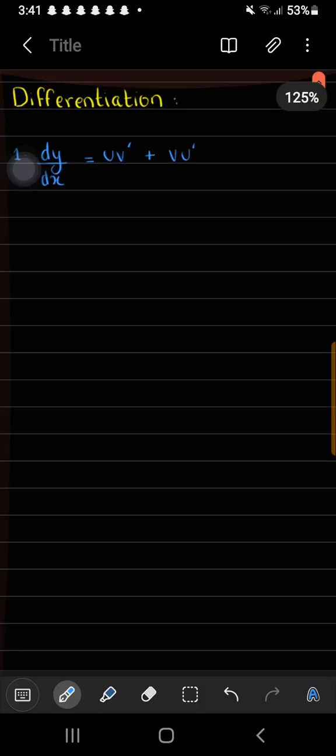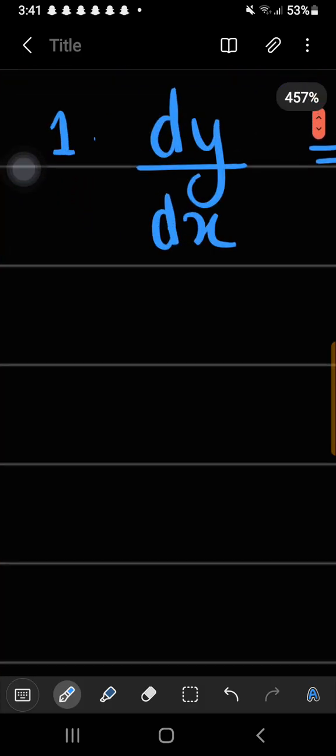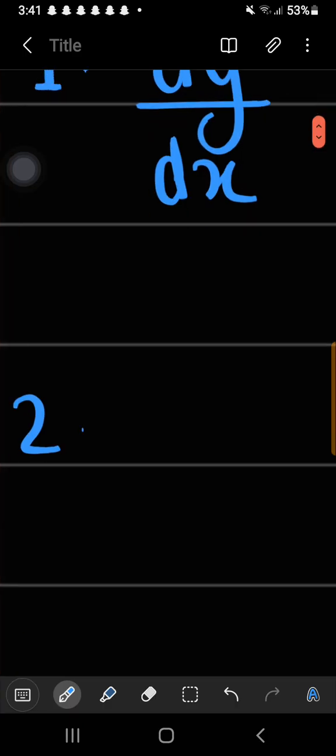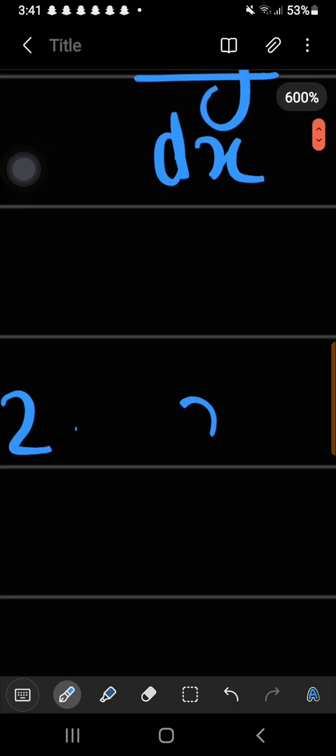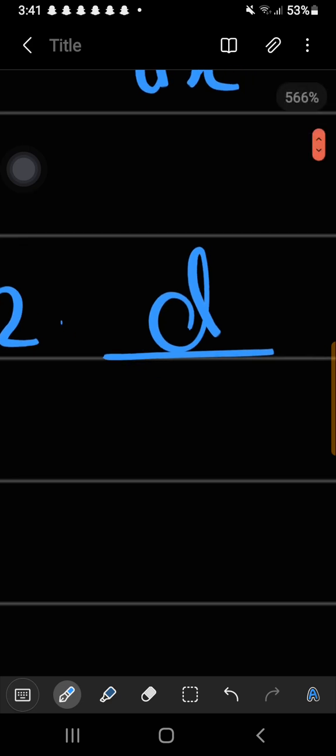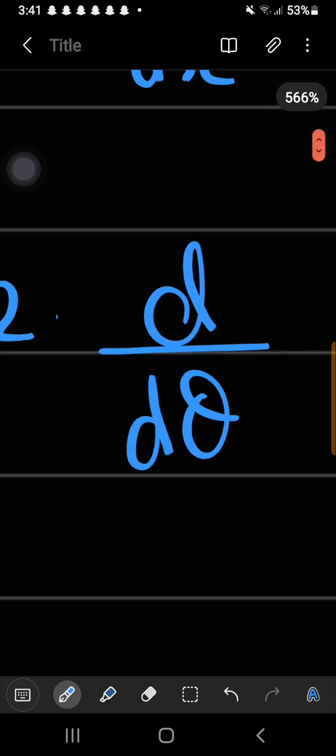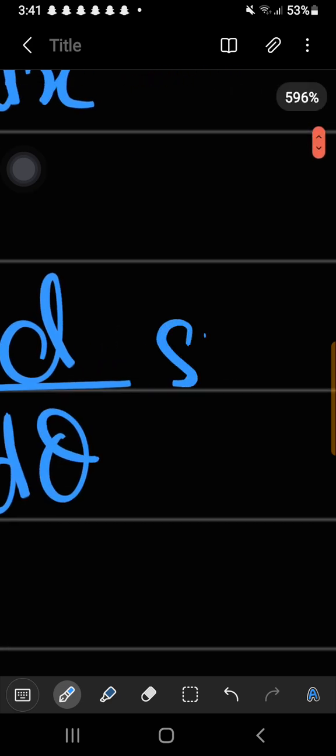Okay, then we are going to discuss basic trigonometric differentiation, like d over d theta of sine theta will become cos theta.